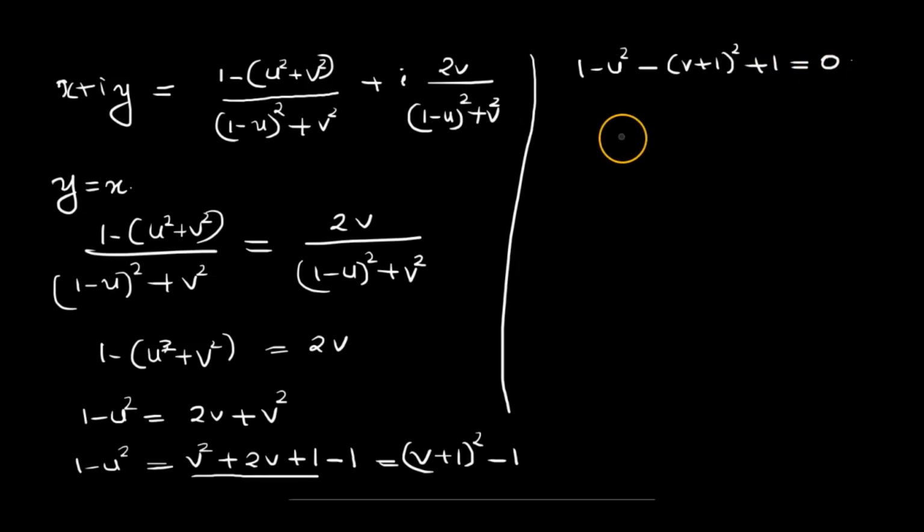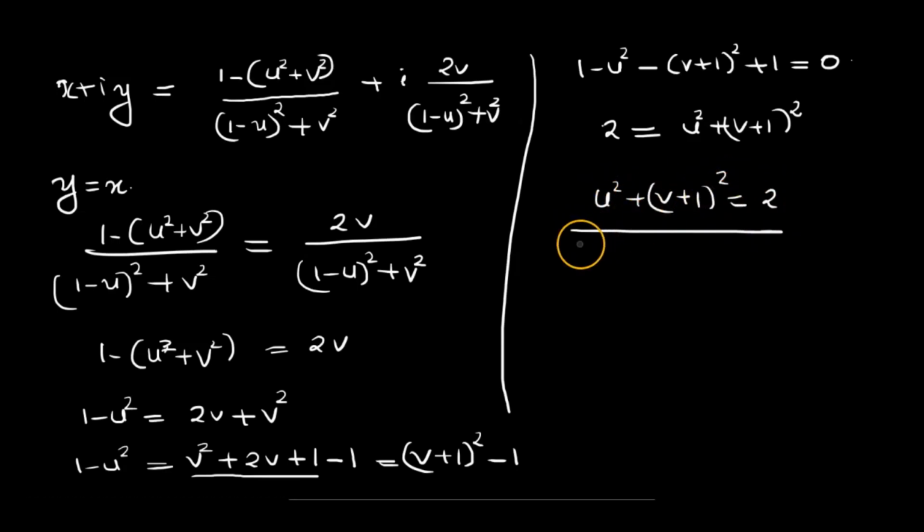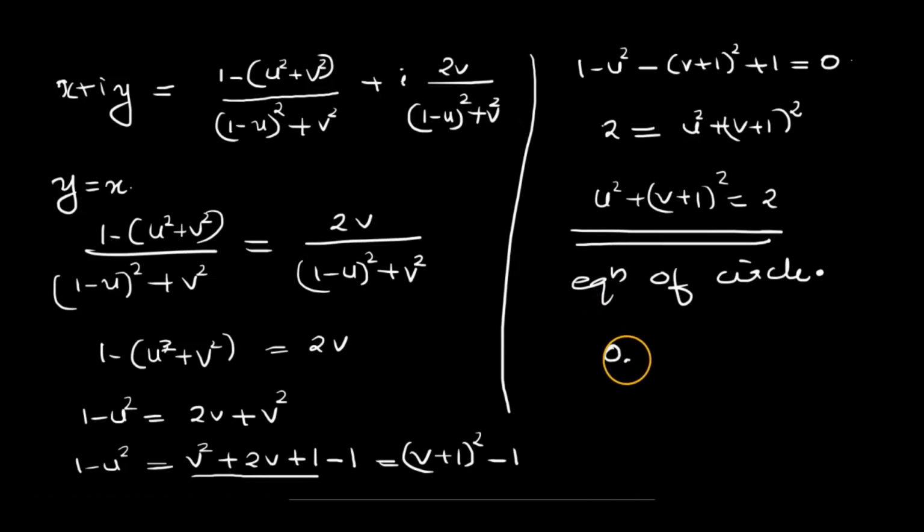That is, 1 plus 1, 2, equal to U square plus (V plus 1) whole square. That is U square plus (V plus 1) whole square equal to 2. This is the equation of a circle with the center (0, minus 1) and radius root 2.